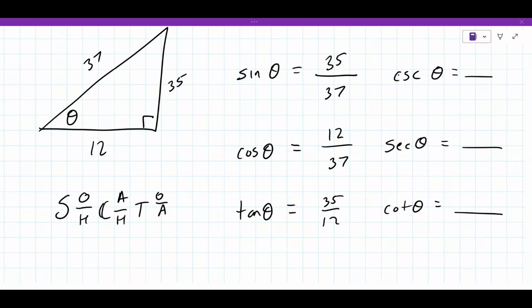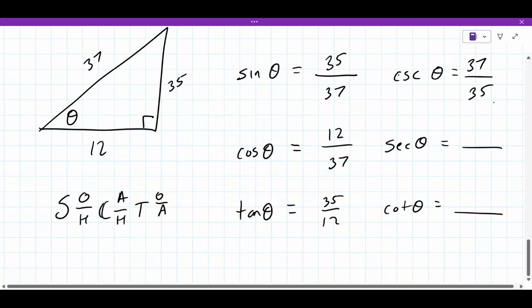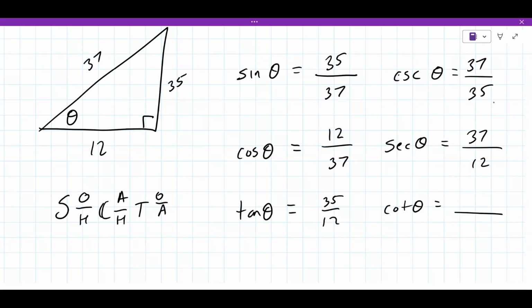This is cosecant. CSC is cosecant. Don't worry about how to say it. You just have to remember the letters. What is the fraction that goes here? 37 over 35. And how about secant? 37 over 12. Okay. And how about cotangent? 12 over 35. You got it.